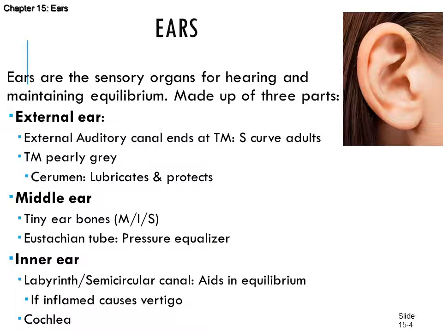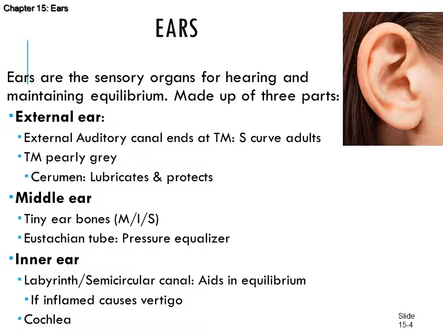Okay, so the ear itself consists of 3 sections. We have the external ear, middle ear, and inner ear. Externally, the external ear canal goes all the way up to the oval window. The tympanic membrane is included as well, which is generally pearly gray.